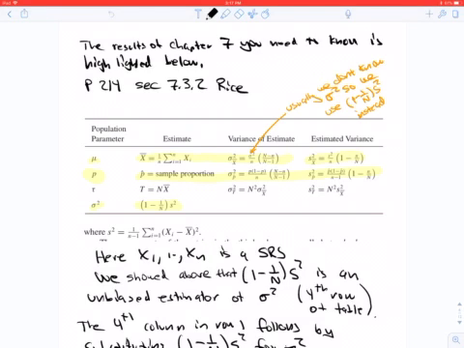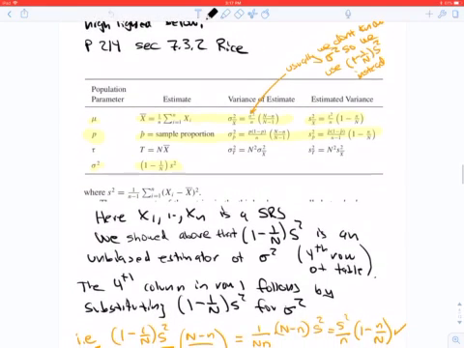Now, most of the time we don't know what sigma squared is. So if you look at the fourth row of this, this says that (1 minus 1 over N) S squared is our estimate for sigma squared. We know from above that this is an unbiased estimate.